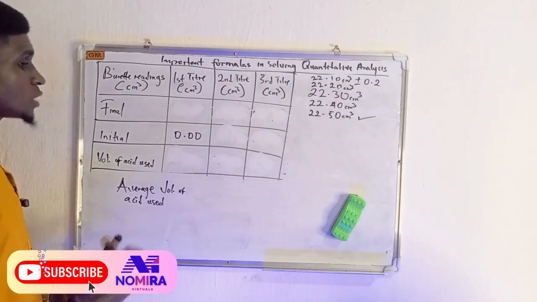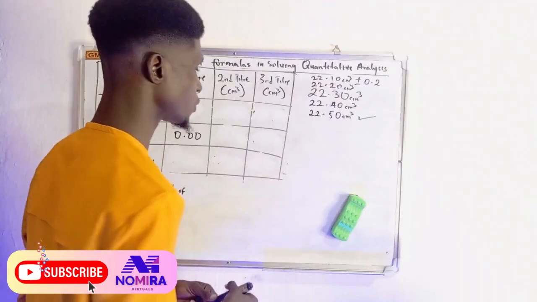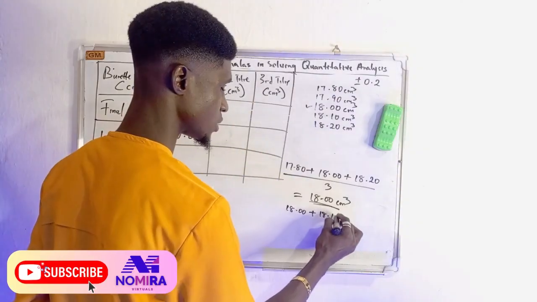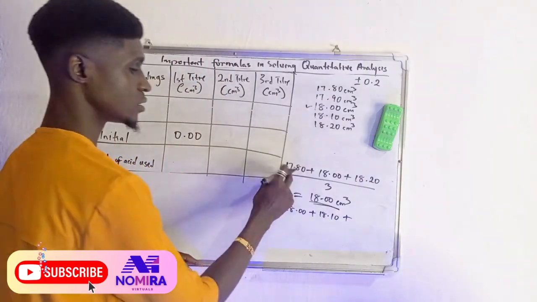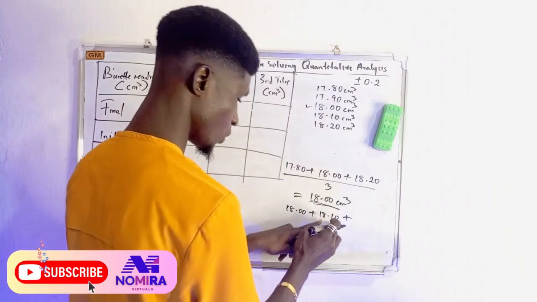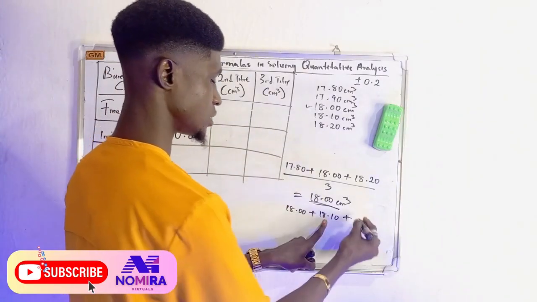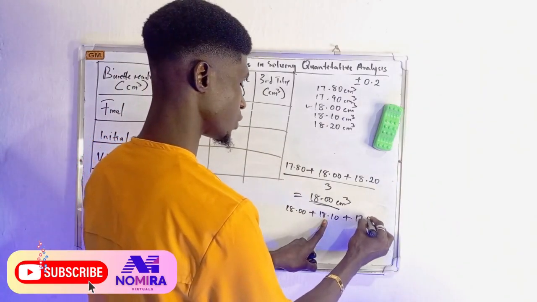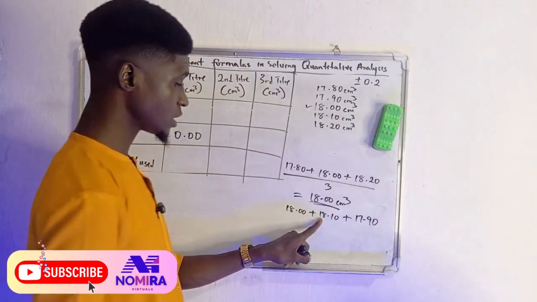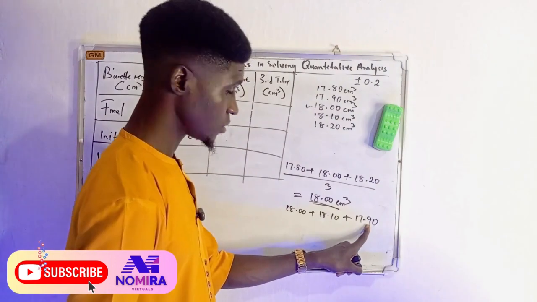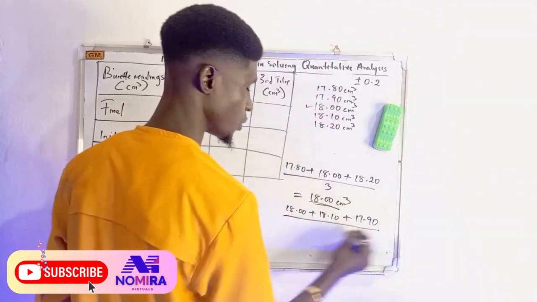Okay, so we want to get 22.50 cm cube. Just do the logic somewhere, 10.10. Then the next one, you remove 0.1. This 0.1 that you added on this 18, you remove it from this 18. That will give you what? 17.90. So you see that if you bring this 0.1 you added here and add it here, all of them will be what?